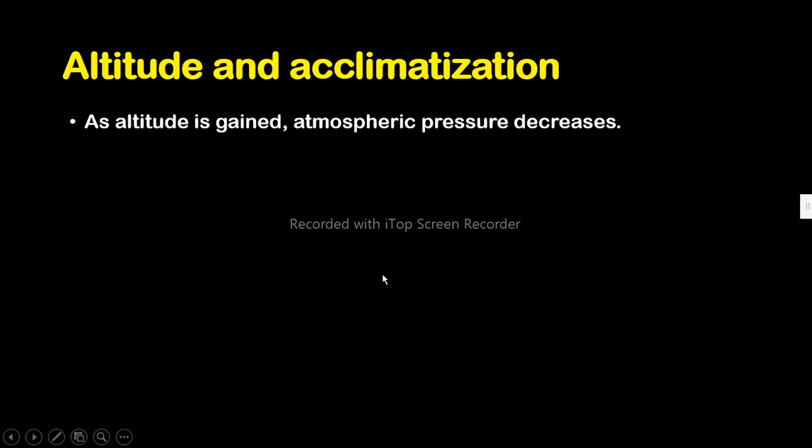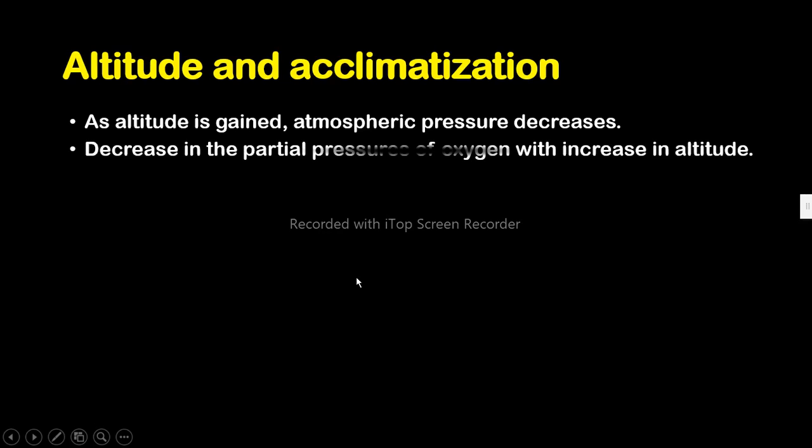But that doesn't affect just atmospheric pressure. If you decrease the atmospheric pressure, then the partial pressures of these gases are also affected. The decrease in atmospheric pressure decreases the partial pressures of these gases, and oxygen is part of that.